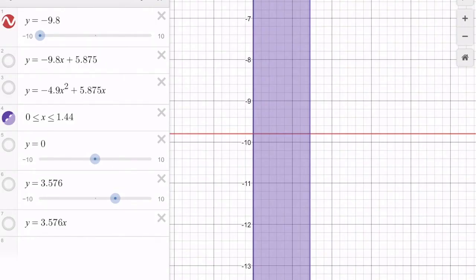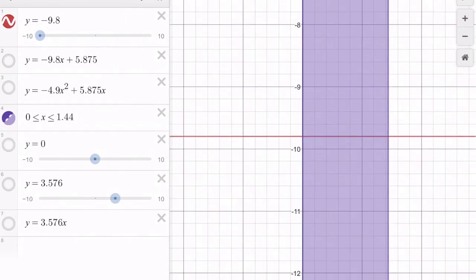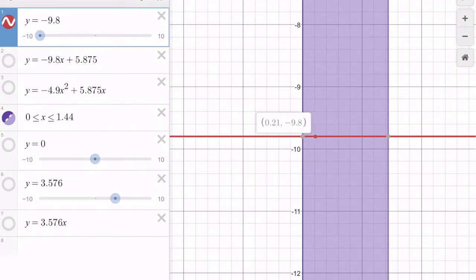So this is the acceleration graph in the vertical direction, which is minus 9.8, and as this is a horizontal line, it stays at minus 9.8 all throughout the motion of the projectile.